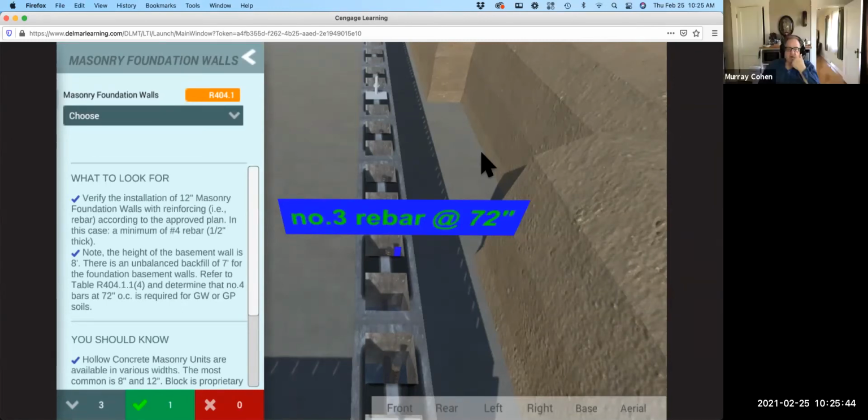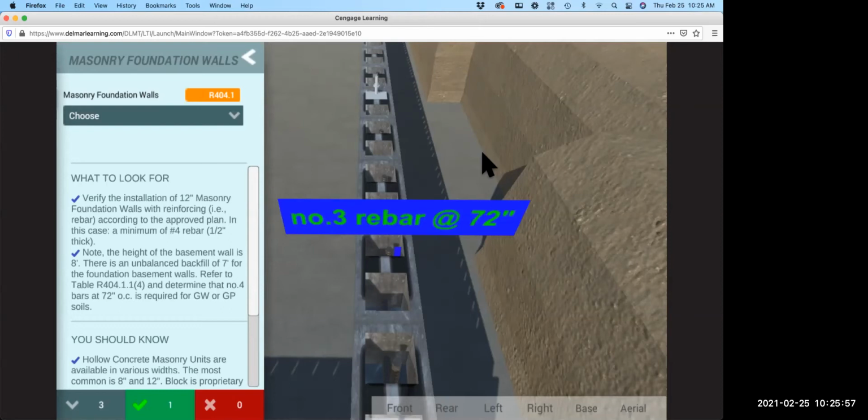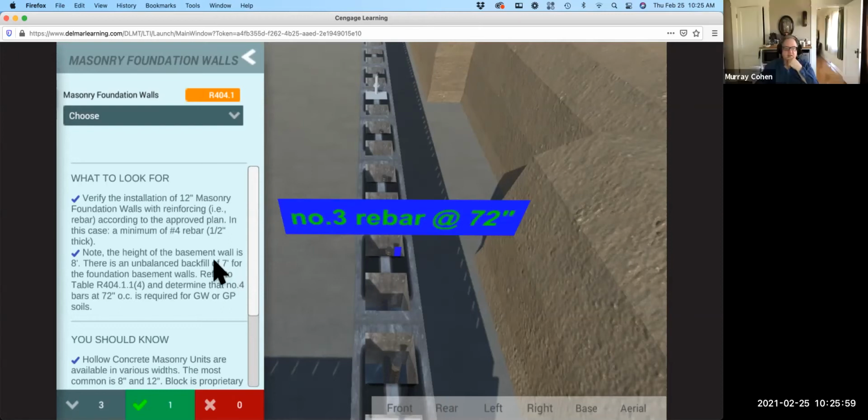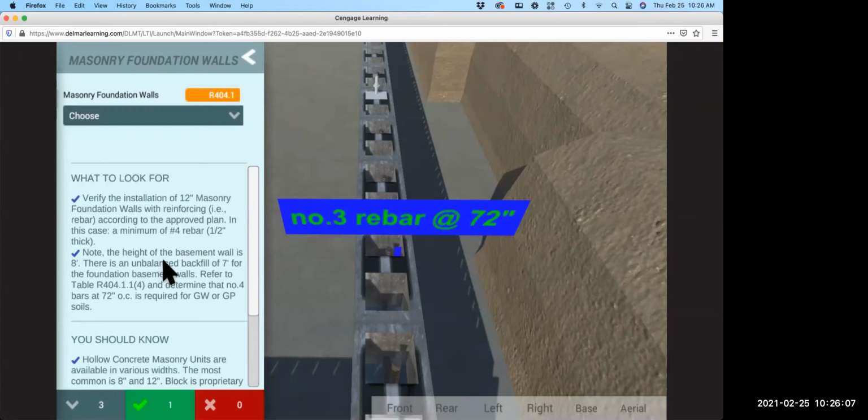Now, what I don't know, Sherelle, maybe you know this, or maybe one of you guys knows this, Roberto, maybe, is 4 bigger than 3? Yeah, it's a little bit thicker. 4 is thicker? Okay, good. So it needs a minimum of number 4, and it has number 3 rebar, so that's going to fail. It says, note the height of the basement wall is 8 feet.